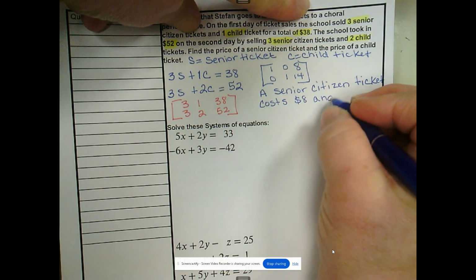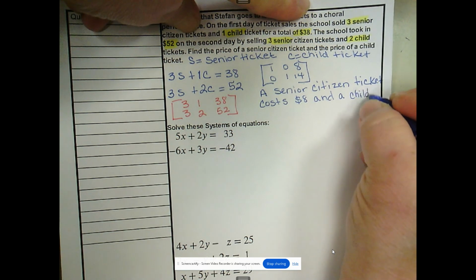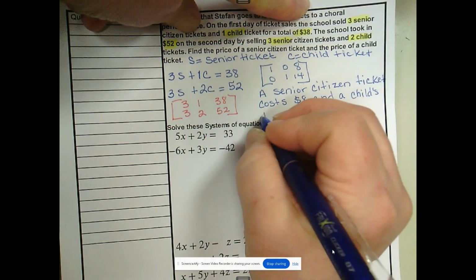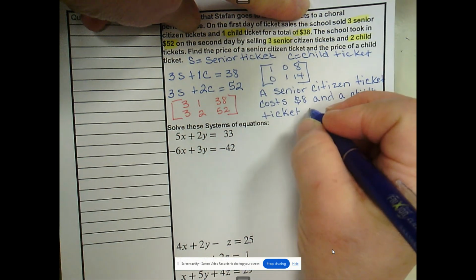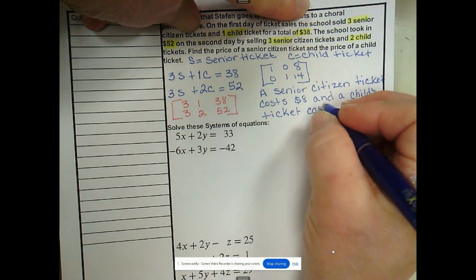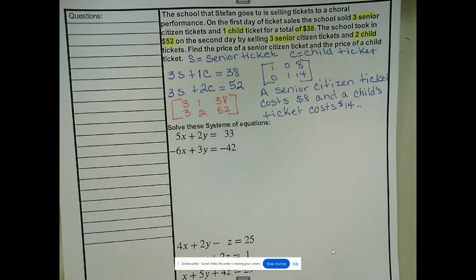And a child's ticket costs $14. Word problems means that your answer is a sentence.